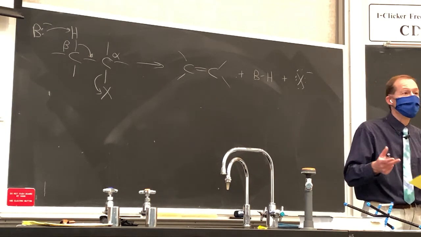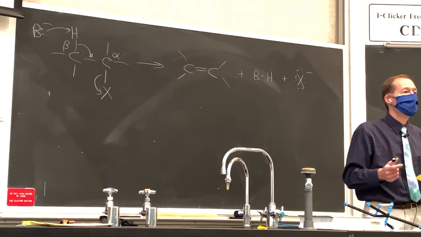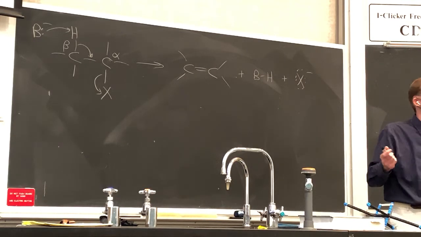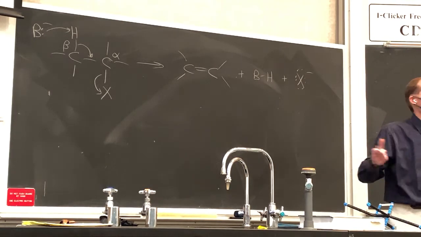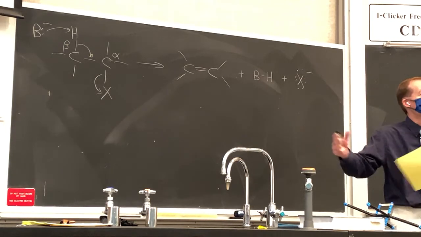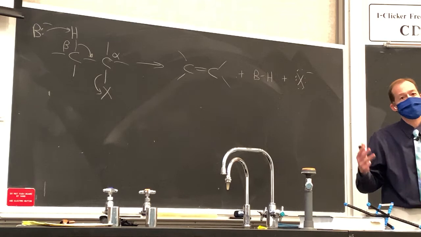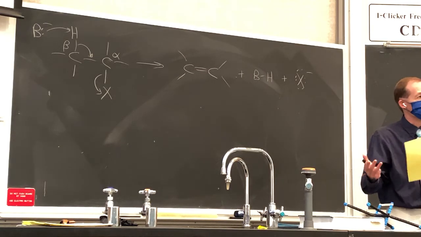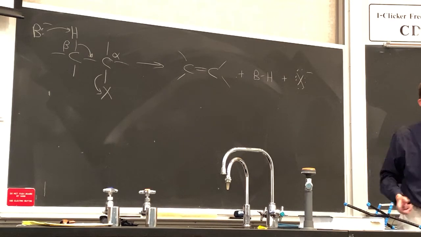And they can be endothermic, but the other thing to consider is that the leaving group is much, much less basic than the base. And so we're converting a strong base into a weak base, and that provides a driving force that counteracts the fact that the weaker bonds are being formed and stronger bonds are being broken.